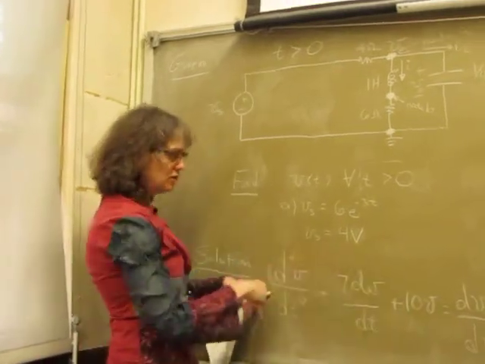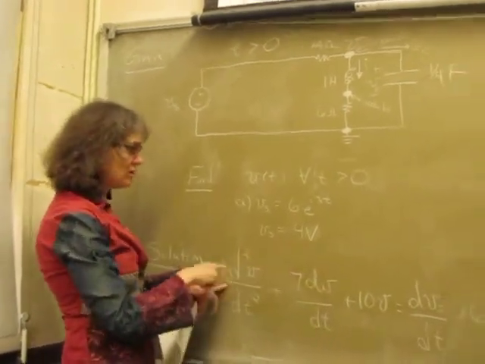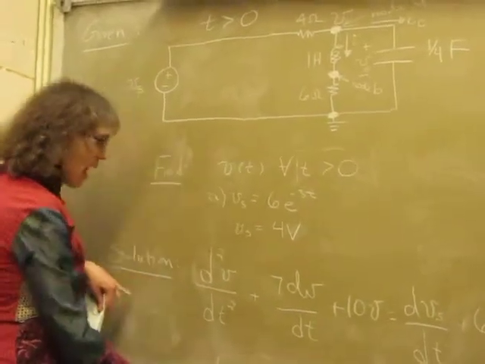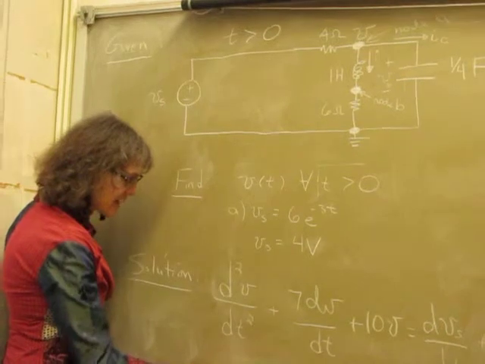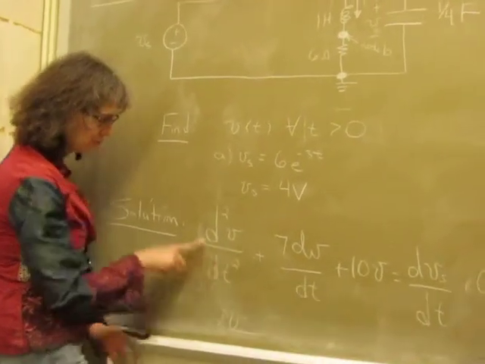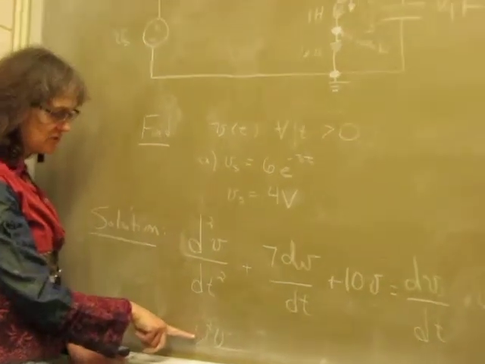Here we have a differential equation. I'm going to transform it using the S operator, and doing that makes it look like this. S squared V, because that's what the S operator is all about.